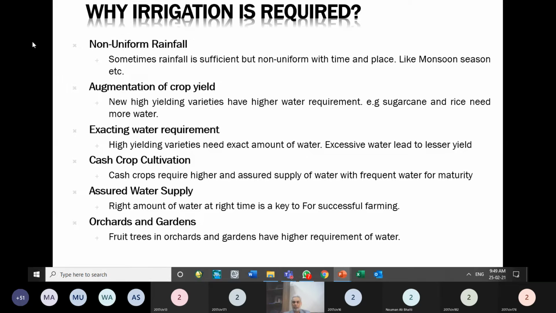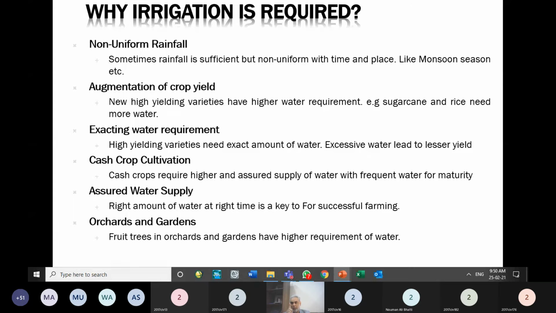A good method of irrigation will help us. We call it high efficiency irrigation, HEI. What are those? Those are sprinklers, drip irrigation, and some agriculture practices which enhance the efficiency of applied water. By efficiency of applied water, we mean we get more crop from the same unit of water.